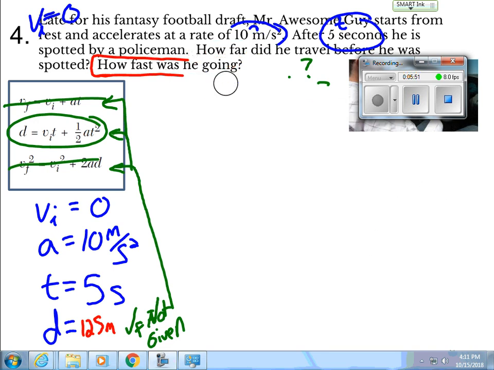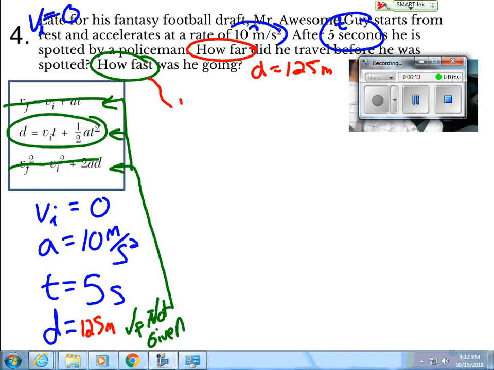So now we're doing the second part, how fast. And you can take information that you now have found and solve. Well, if I'm looking for how fast versus how far, I've already found my how far. My D is 125 meters. Let's see how fast he was going.